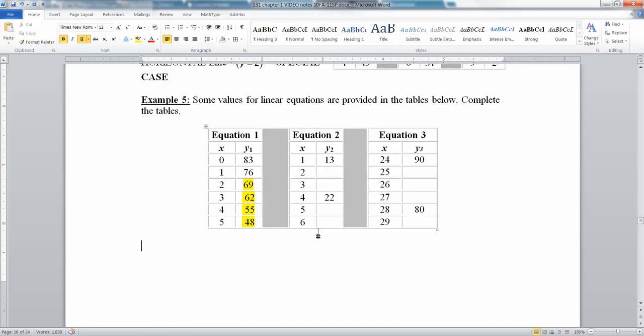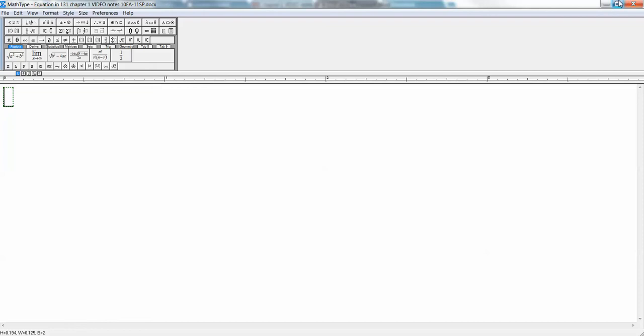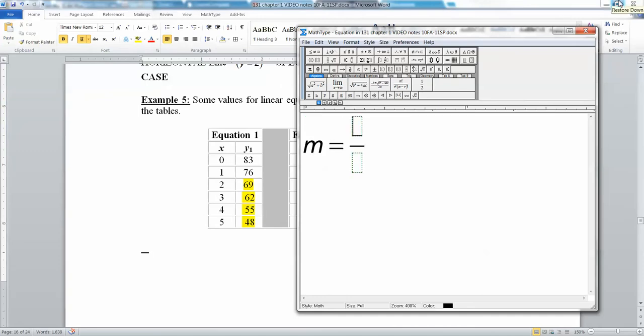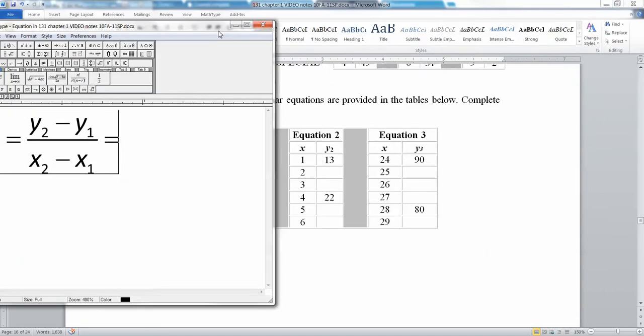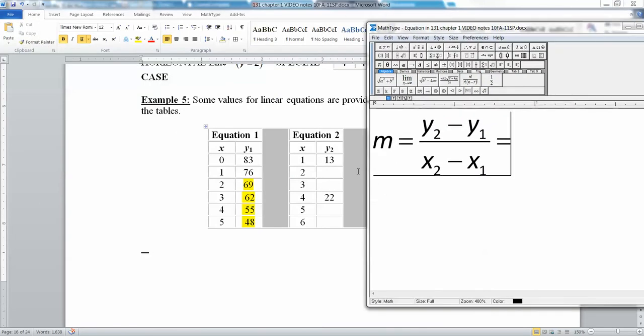The other way to do it is just to flat out write out the equation for a slope. M is equal to y2 minus y1 over x2 minus x1. Now you know y2 because of the table. You can see that it's 22.